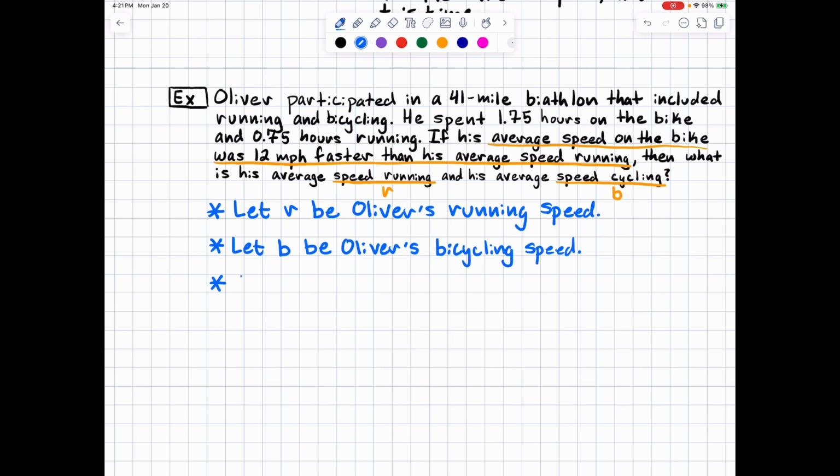So that means that Oliver is 12 miles per hour faster on his bicycle than he is running.